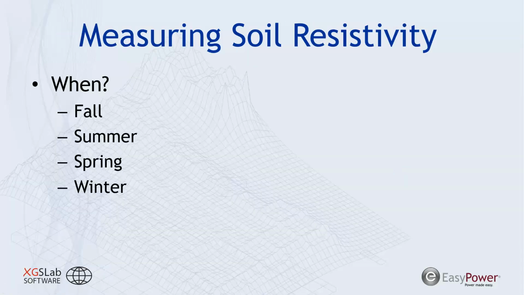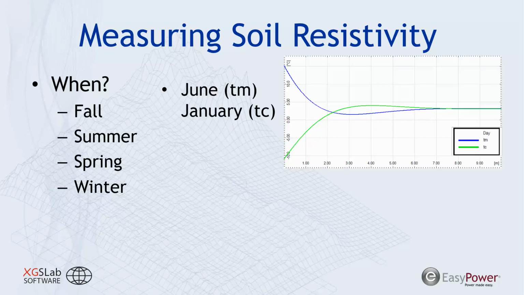So how much does it really matter if we do a soil resistivity measurement in the fall, the summer, spring, or winter? Well, if we were to do a measurement in June, but we wanted to understand the soil resistivity and the ground temperature in January, we could say that the soil temperature in the summer is represented by this blue line.